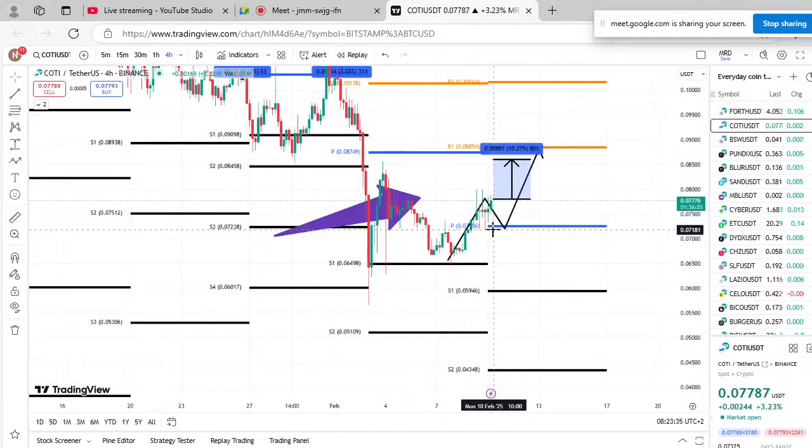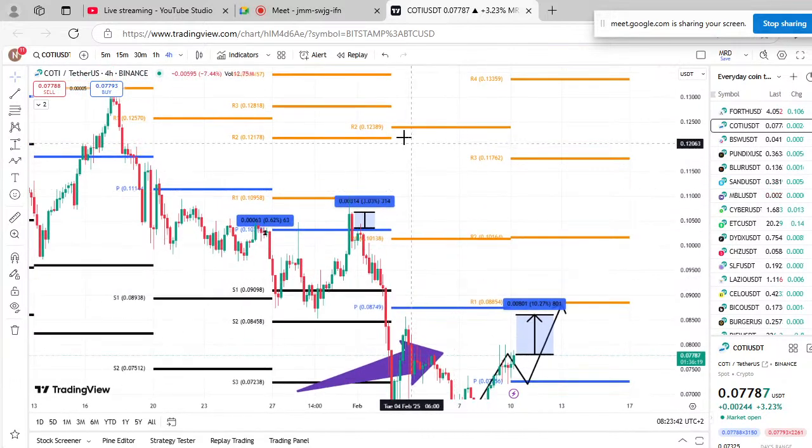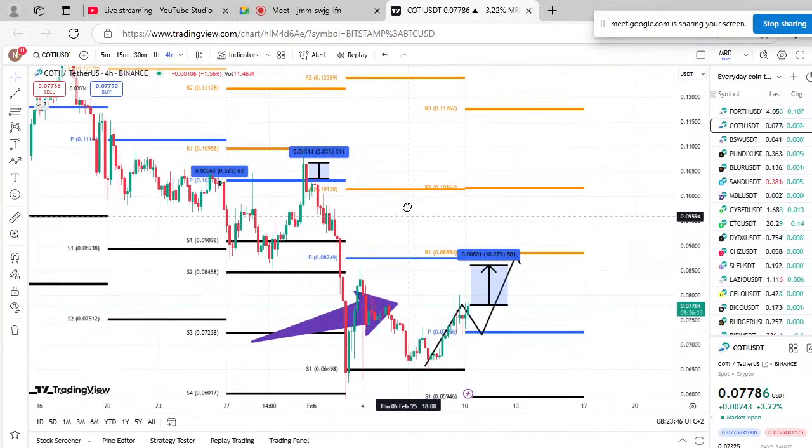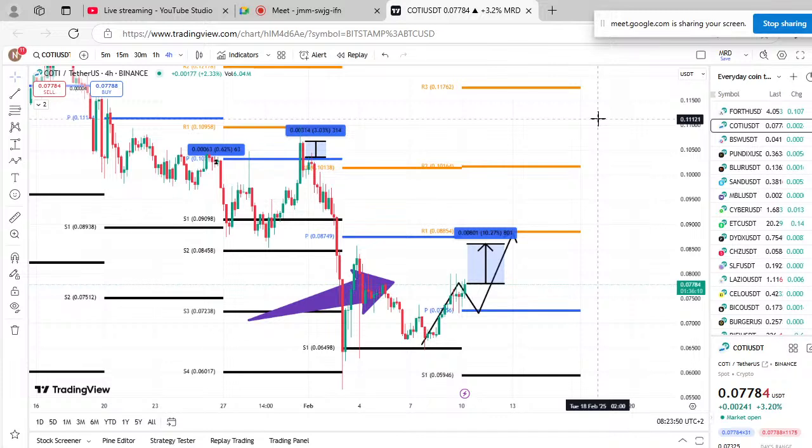The lines you are seeing, the black ones, are showing us the support levels. Then the orange ones are showing us the resistance levels. So therefore, when we are trading, we trade following that structure: support and resistance.